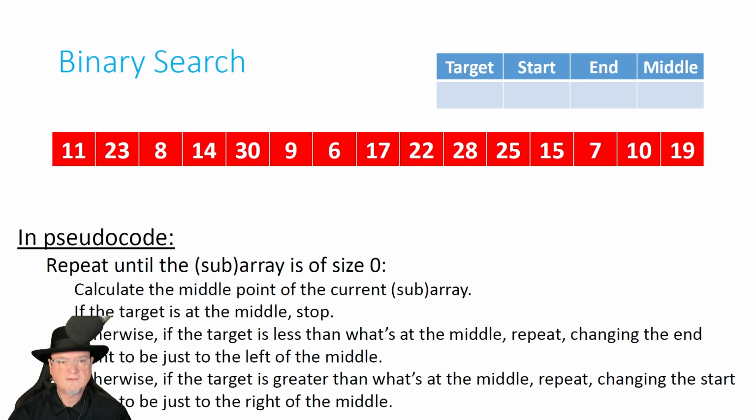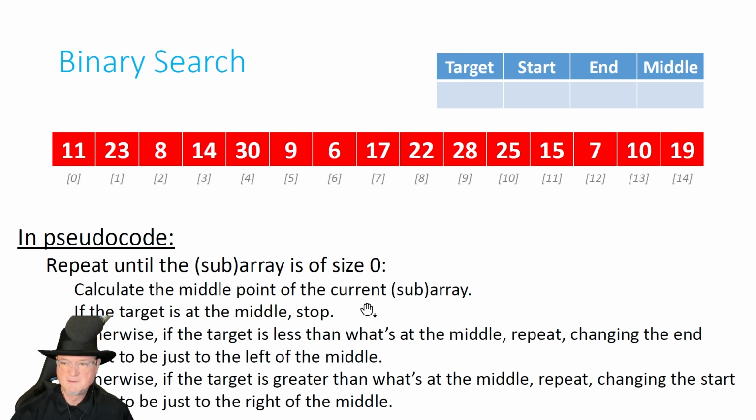So maybe we start with an array like this. Up here we have the target, the start and the end, and the middle. And remember, this is the pseudocode we just went through. So the first thing we need to do is worry about sorting this. And to do that, we are going to exploit the addresses of the little cubby holes up here that store our array of data. So here we have 15 spaces. It's an odd number, which is convenient, so we have an exact middle.